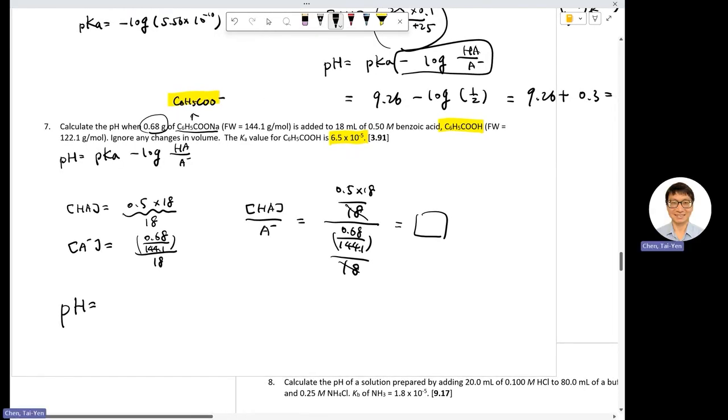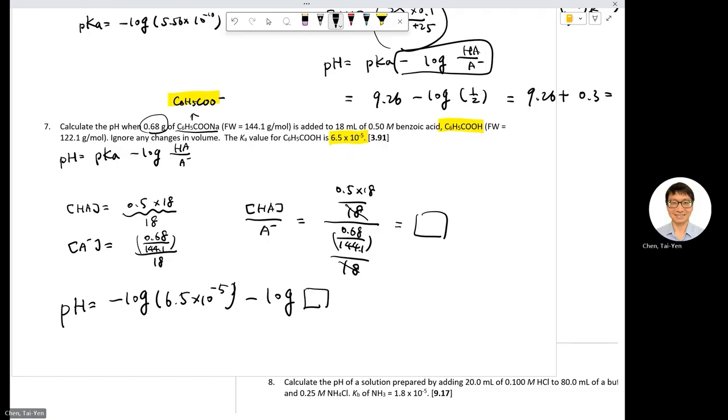So pH equals pKa, which is negative log 6.5 times 10 to the negative 5, minus log this whole ratio. When you do that calculation, you should get a value of 3.91. I'm sorry I did not calculate this number, but that's the overall process. Again, the key is really, can you recognize what kind of solution you have?